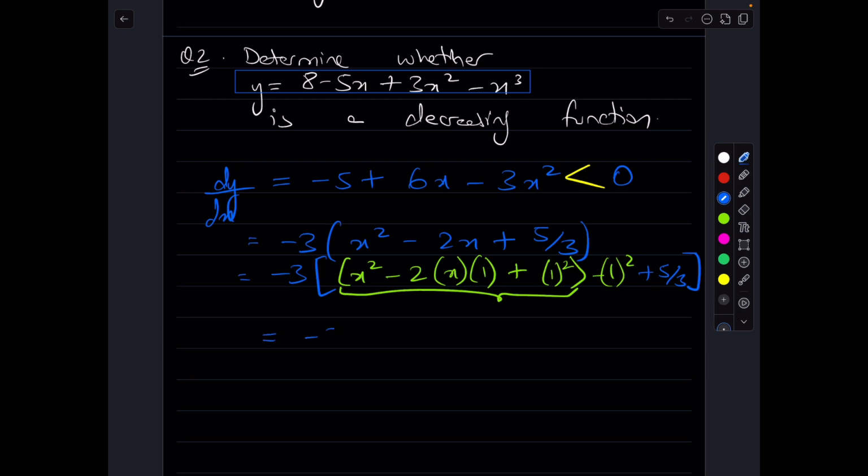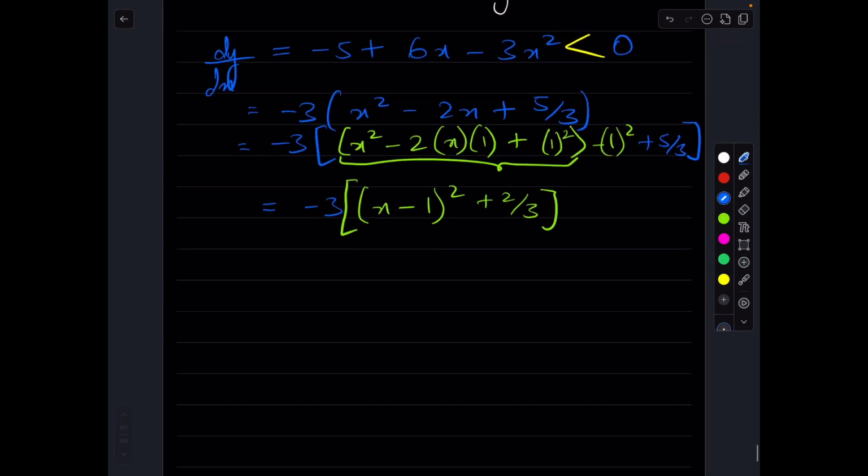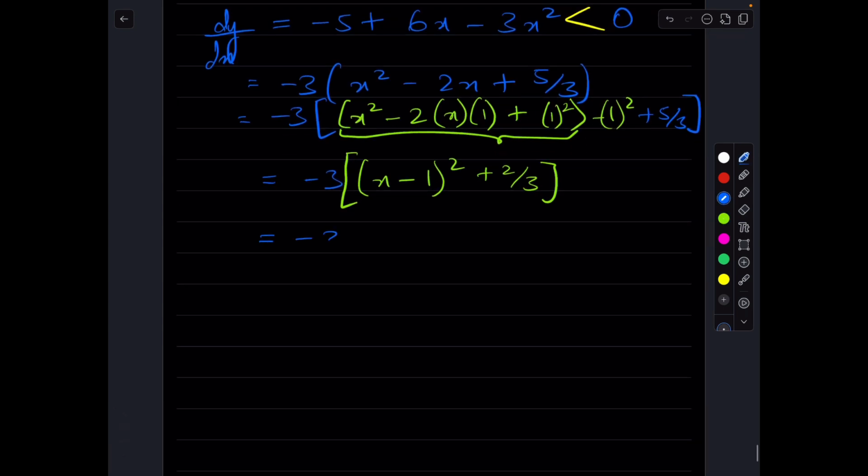Now simplifying this further, this part is going to be x minus 1 whole square plus 2 over 3. Once expanded, I'm going to have minus 3 times x minus 1 whole square minus 2.